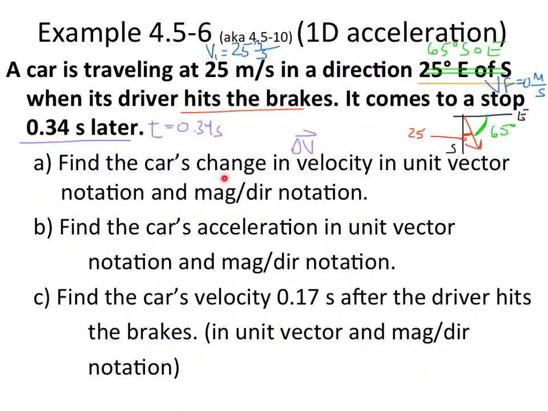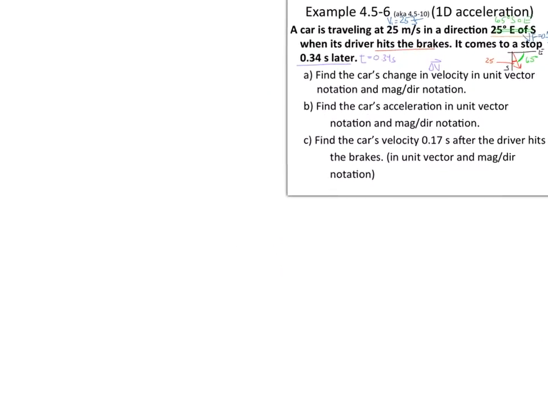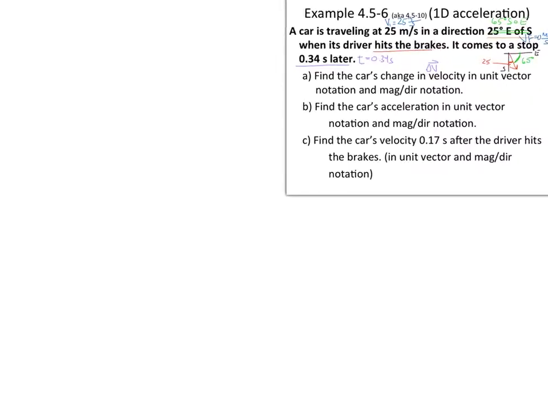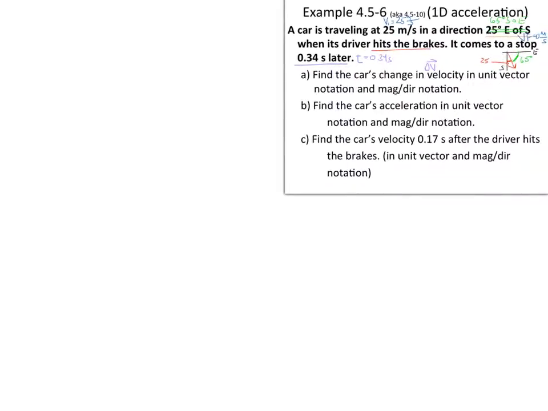So what I'm going to do right here is shrink all this down so we have some more room to work with, like that, okay, and I think that'll do, and I'll lock that in place. Okay, so a change in velocity. What is that going to be? Well, first of all, let's draw our vector. Our vector is going to look kind of like this.